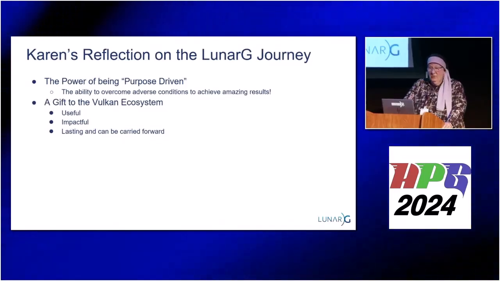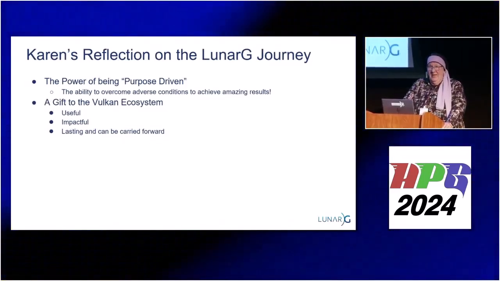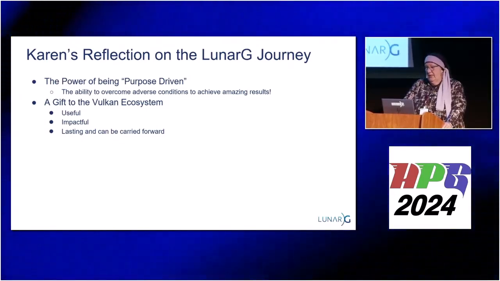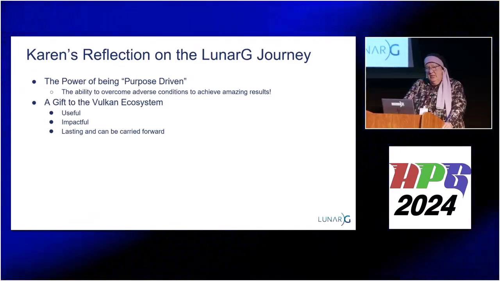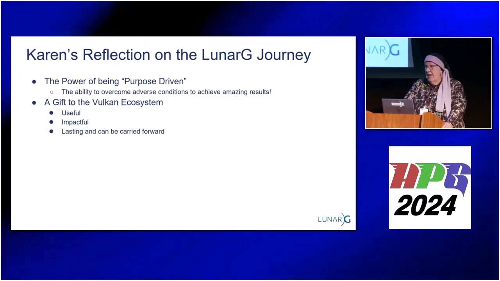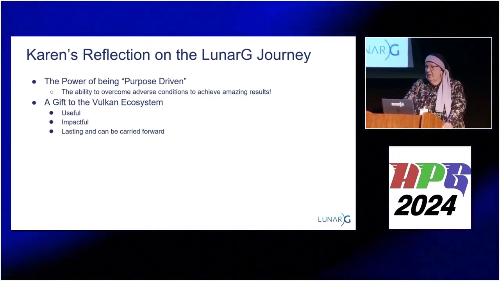So my personal reflection on this LunarG journey, what I have learned is the power of being purpose-driven is really powerful, and it really helped LunarG to overcome adverse conditions in the early days, and actually for many years, because we're not a company with hundreds of employees.